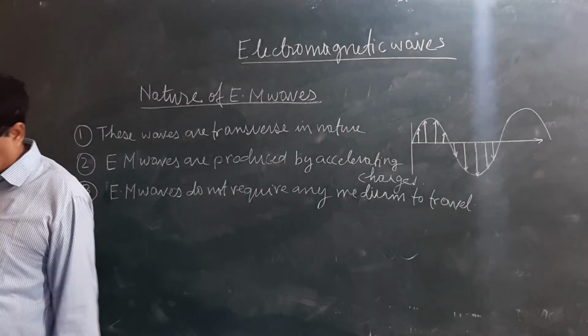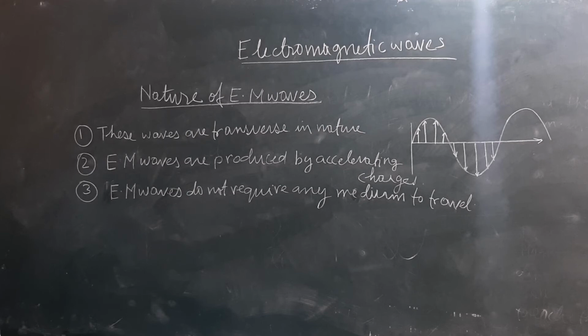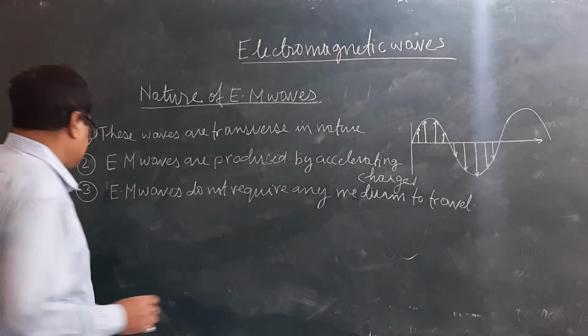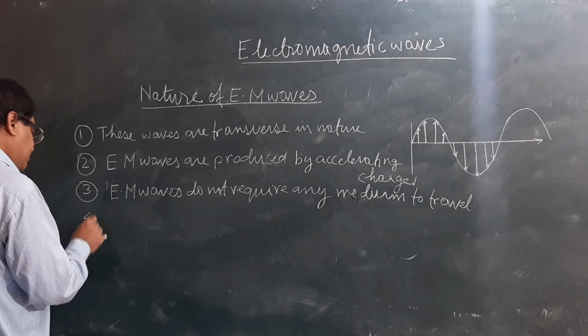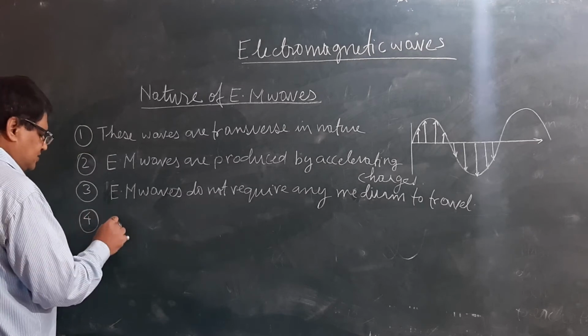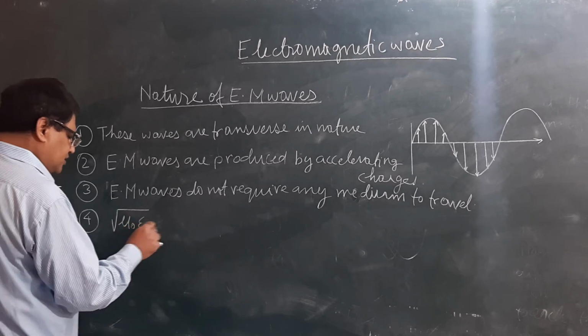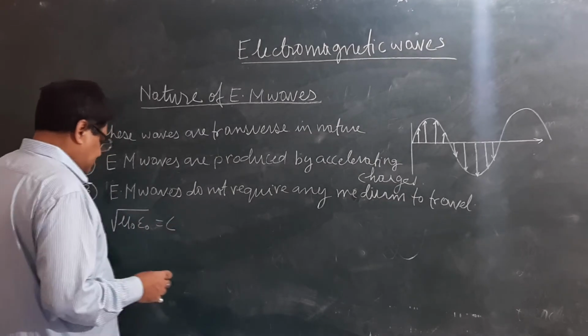Let us come to the fourth property. Fourth property is that the electromagnetic waves move with the velocity of light in free space. And I've already told you the expression for that: 1 by root of mu naught into epsilon naught is equal to the velocity of light.